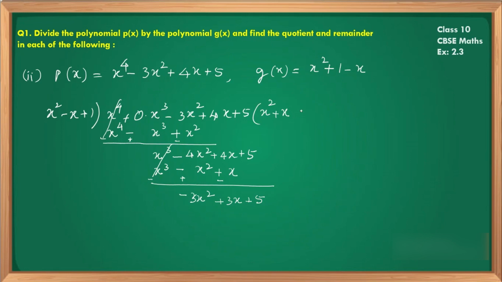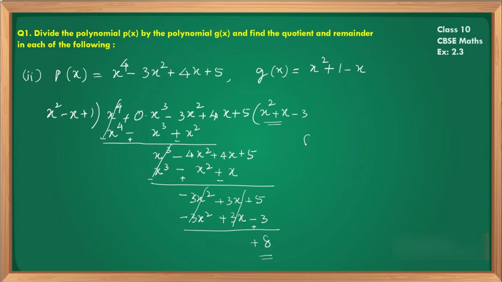Now here you have to multiply minus 3 with this divisor so that you get first minus 3x square, minus 3 and minus x gives you plus 3x, minus into plus 1 gives you minus 3. 3x square gets cancelled, and this also gets cancelled, and this minus becomes plus, so that you get plus 8. Now plus 8 is the remainder, and this whole thing is the quotient.